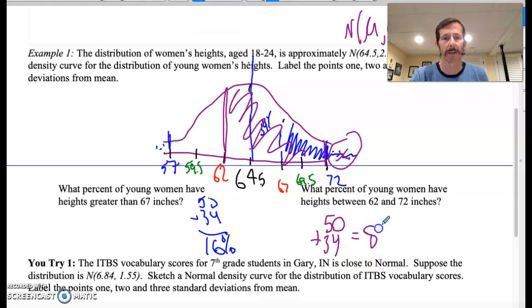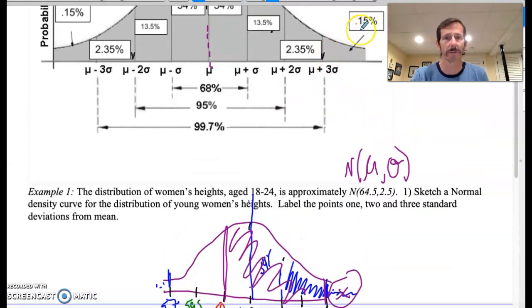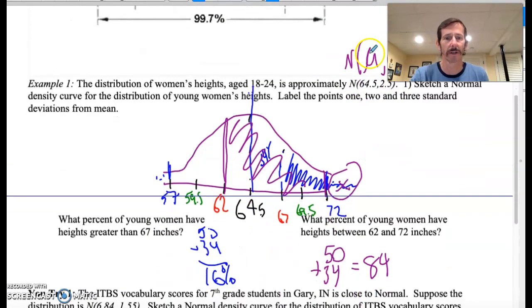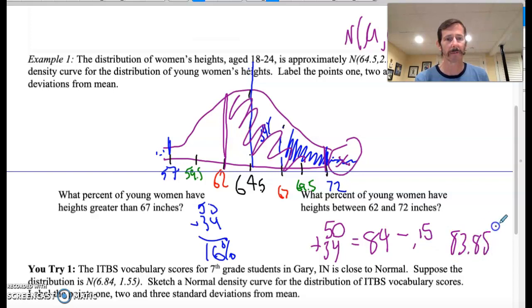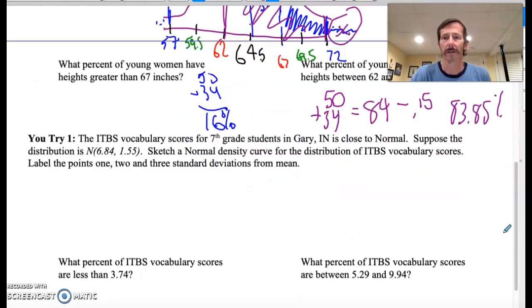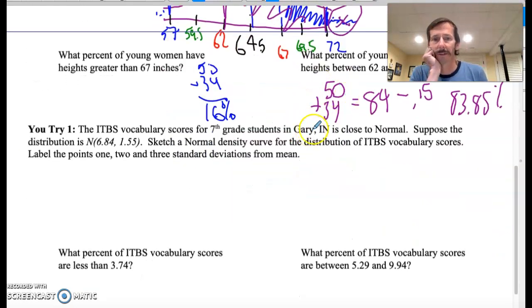So that would get me to 84, but I don't want that little piece beyond 72, which is this little bit right here, which isn't much. So I'm not even subtracting a full percentage. I'm subtracting 0.15, so it would be 83.85%.